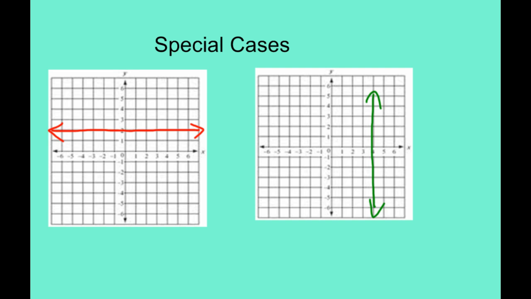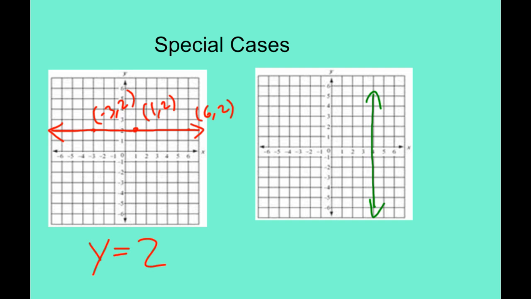In the first one here, the red line, we have a horizontal line that has a bunch of points: (1, 2), (negative 3, 2), (6, 2). They all have in common a y value of 2. So the equation of that line is y equals 2.